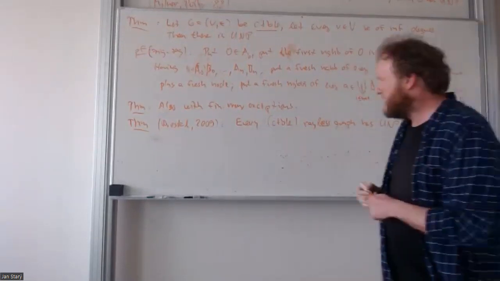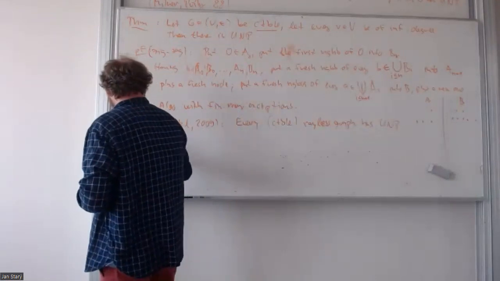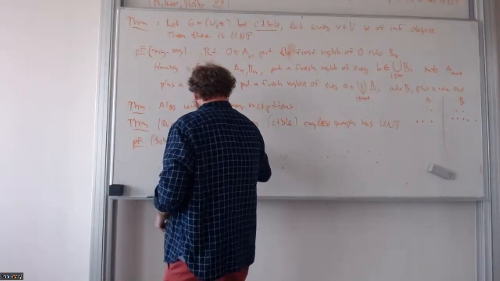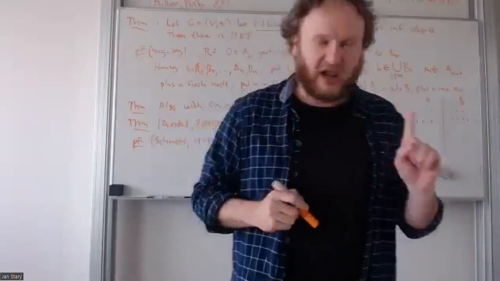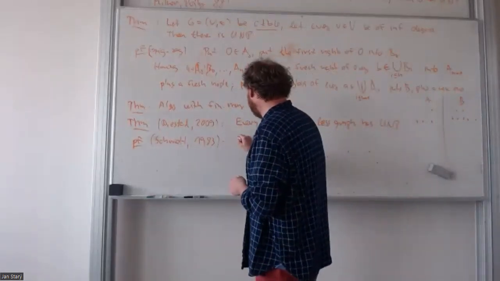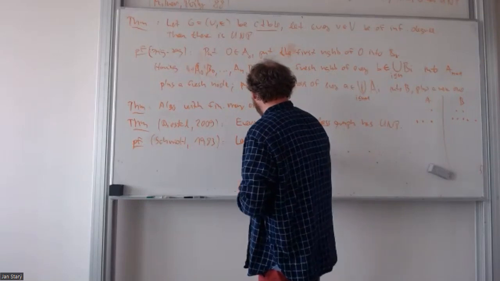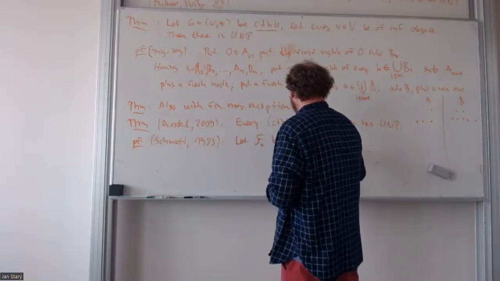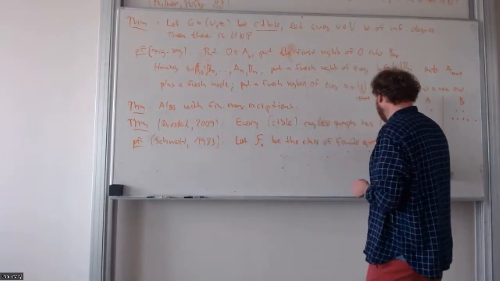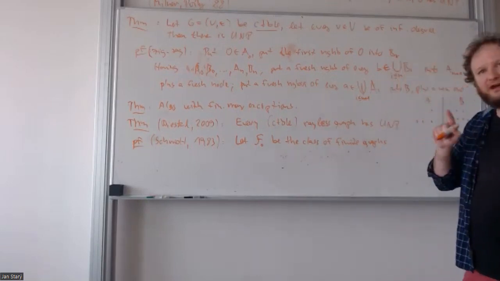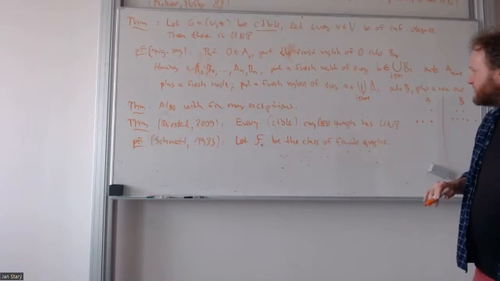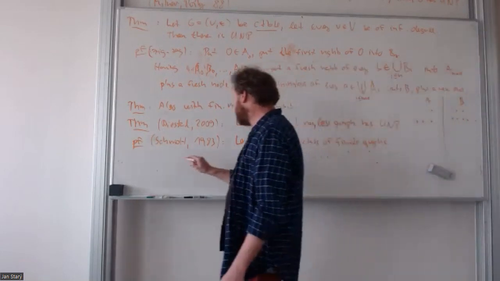It comes from an idea by Schmidt in the 80s, '83, I think, because you can characterize the class of rayless graphs as follows. Let F0 be the class of finite graphs. And if you already have F alpha for some ordinal, or up to and not including F alpha, then do this.